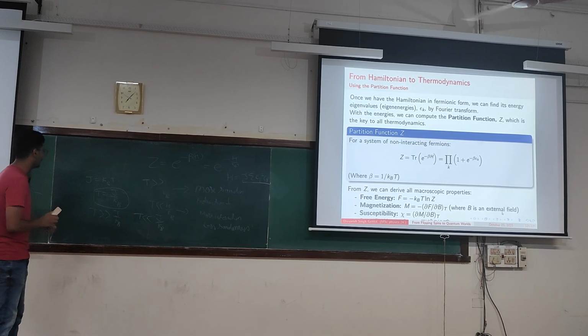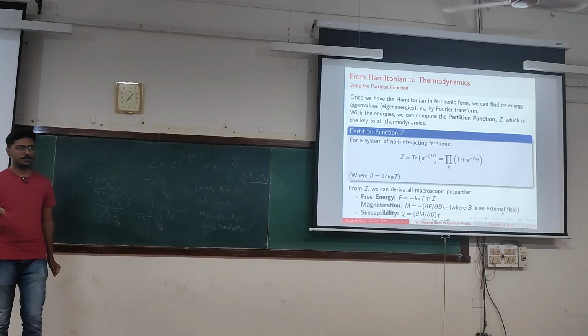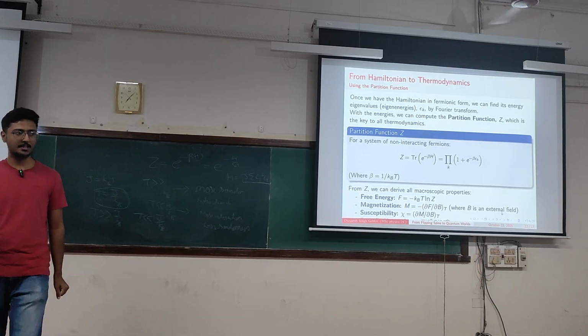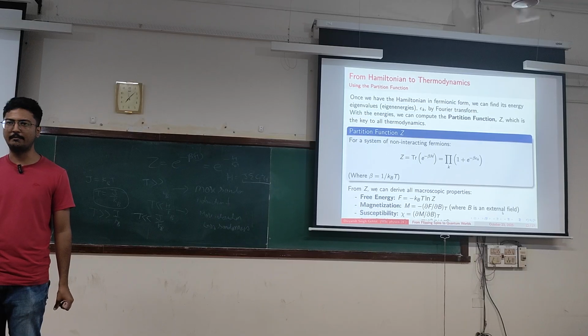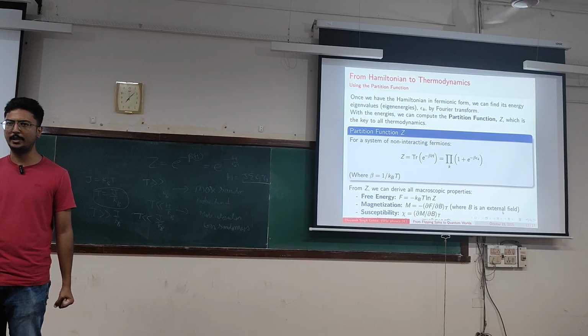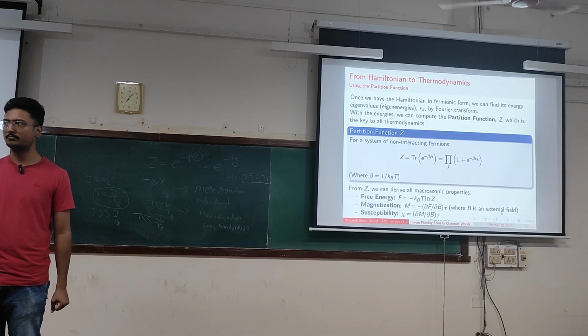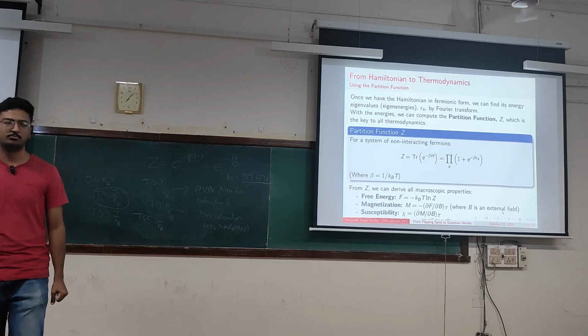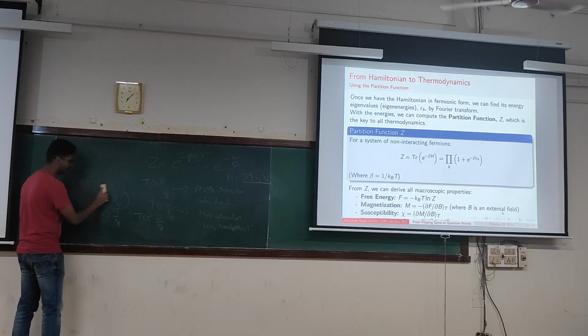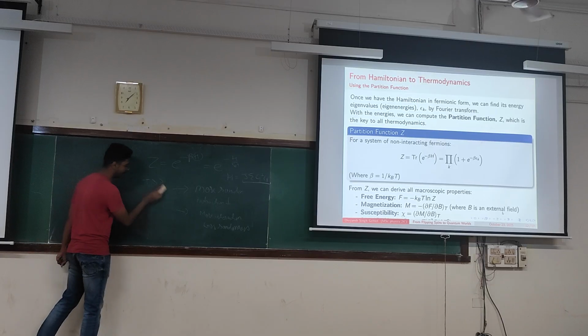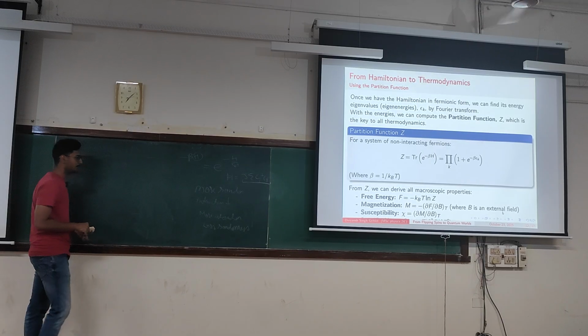Have you done an experiment in the lab of finding the Curie temperature, or the paramagnetic and ferromagnetic behavior of a lattice? No. So you will do it at some point if you are in the physics department.